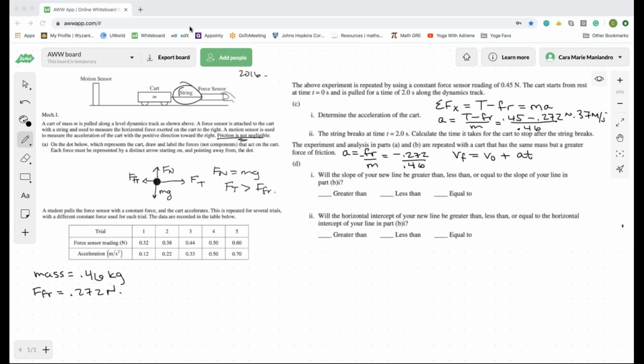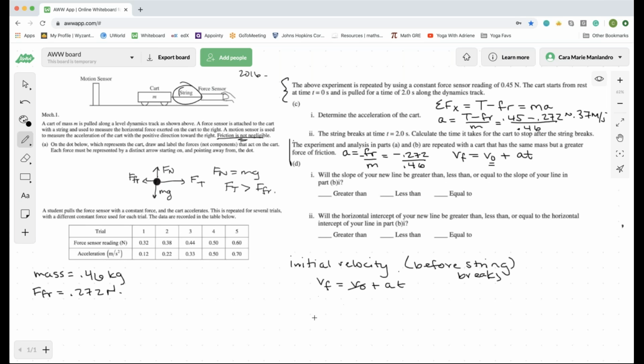All right, so now we're not able to actually solve this quite yet. We have to figure out what your initial velocity is. I'm going to figure out my initial velocity using the info that's up here. Everybody with me on that? I don't know how fast it's going, so I have to figure that out. I'm going to use the same equation, but this is before the string breaks, so I'm solving for my vf here.